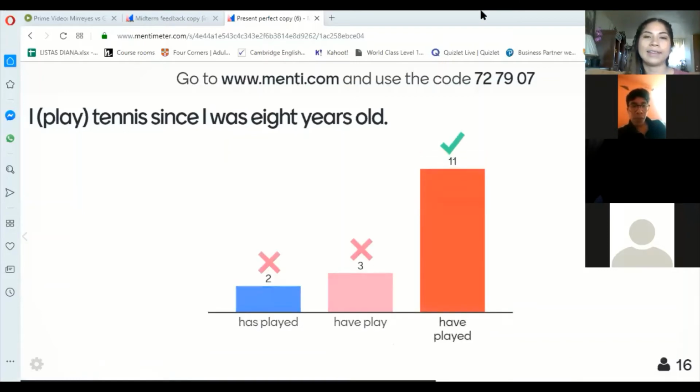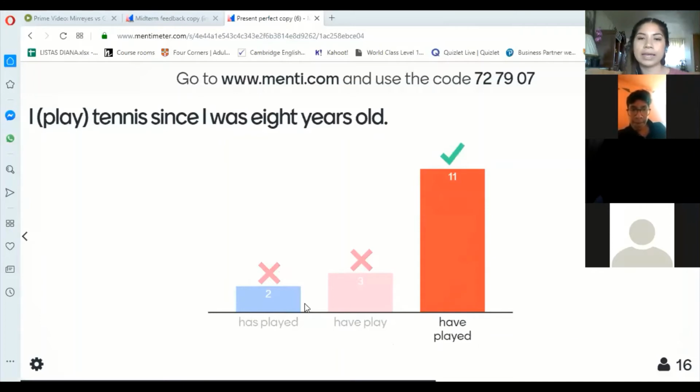Good. You have auxiliary, I have played. In number 1, we don't use has for I. That is only he, she, it. Number 2, option number 2, have, and you don't have past participle. Remember that we need past participle.